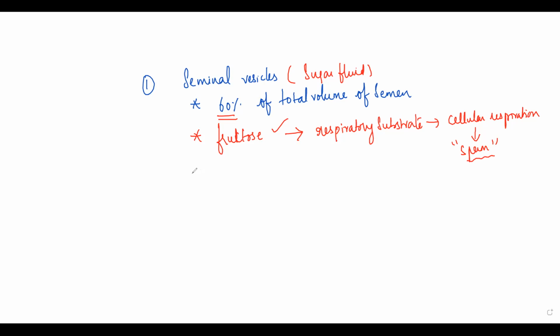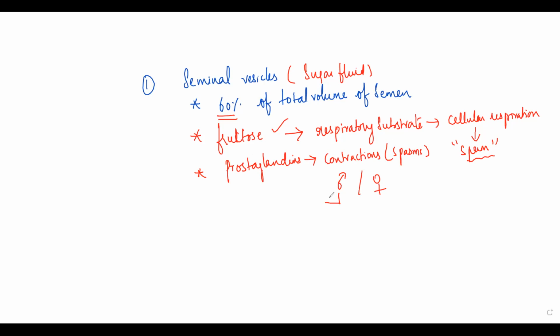Besides this, children, they even have prostaglandins, and prostaglandins are known to produce contractions, or what we call spasms, in both the male as well as the female reproductive tracts.